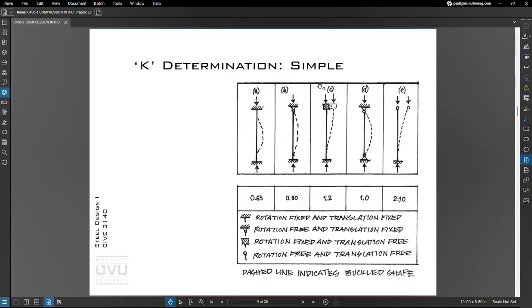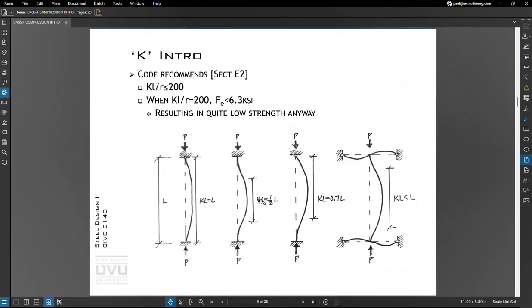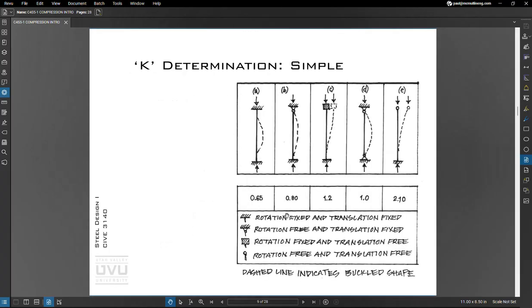We can use this depending on our boundary conditions. You'll notice that these values are a little different than these. These are engineering values that we use that take into account the reality of the flexibility of the support. Because we don't have an infinitely stiff fixed end, there is some rotation either in the foundation or in the connection.